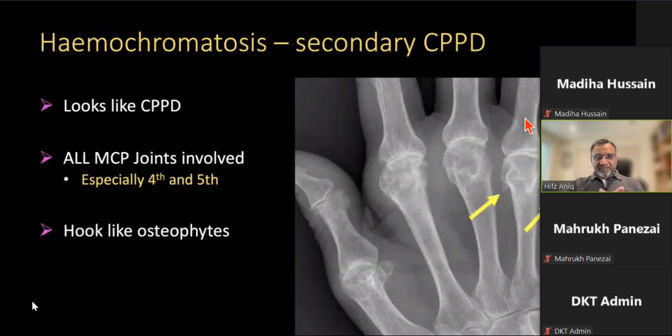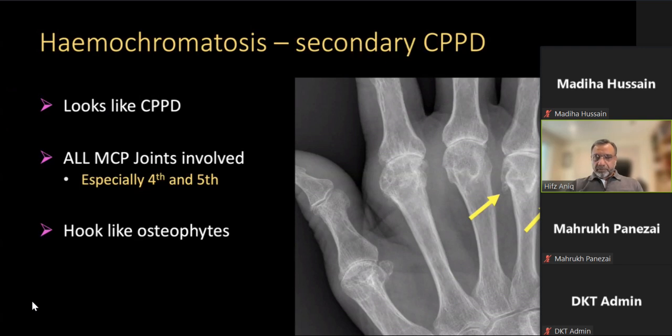Okay, so in this case, a similar appearance, we can see these two joints, the second and third, all involved, and there are big osteophytes in that case, called hemochromatosis. Basically, hemochromatosis is the primary condition. It leads to CPPD. So in that case, CPPD is secondary to hemochromatosis, where there are deposits in the body.